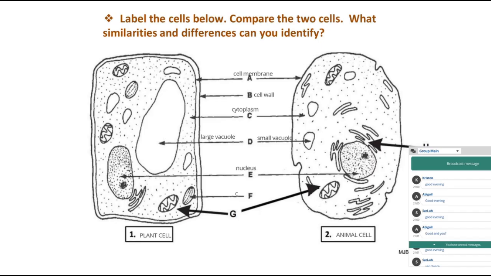Okay, so the chloroplast. So you see what I meant there when I did the comparison between the chloroplast and the mitochondrion. G is the mitochondrion.